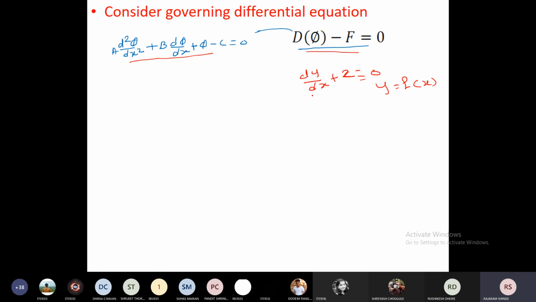It will be like this. Do you agree with this? Please, anyone give me a response. Yes, sir. Okay. Now next one. Now our aim is to apply.